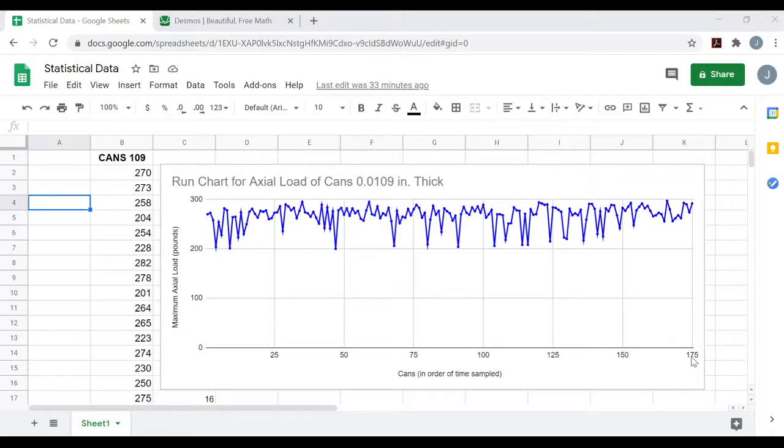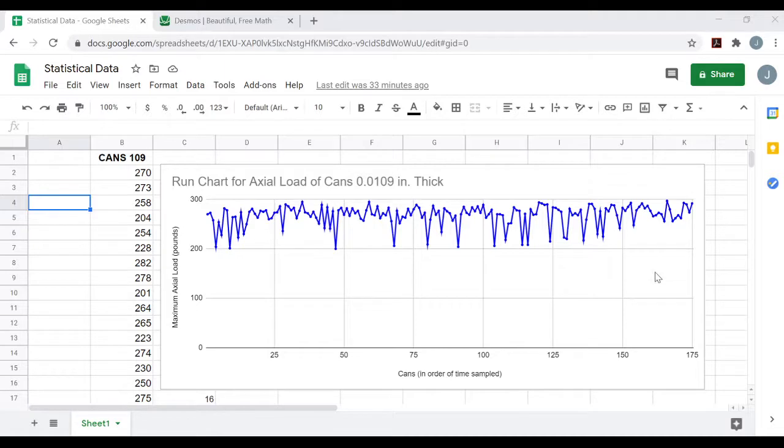All 175 cans in the order that I took them, right? So that's over some time, right? Usually the horizontal axis will represent some sort of time measurement. So again, these dots represent each can. It just represents every point in this column starting with 270, 273, 258, 204, 254, 228, and so on.